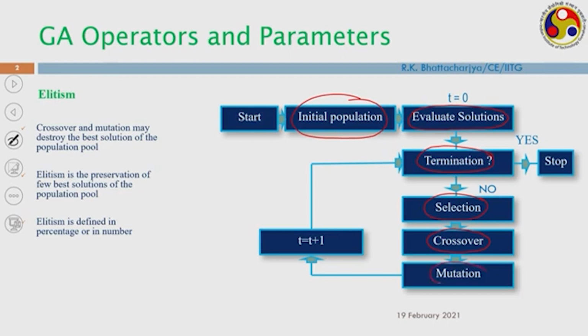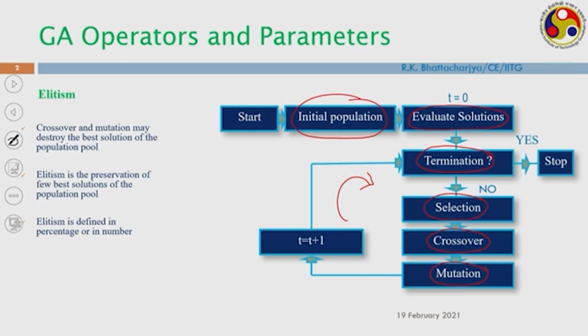Then you apply mutation, and mutation is also creating new solutions, but it tries to explore other regions. So crossover is basically trying to converge to an optimal solution, and mutation is basically trying to diverge, going out of the optimum and exploring other regions. So this is the function of selection, crossover and mutation, and you continue this iteration or generation until you meet the termination criteria.